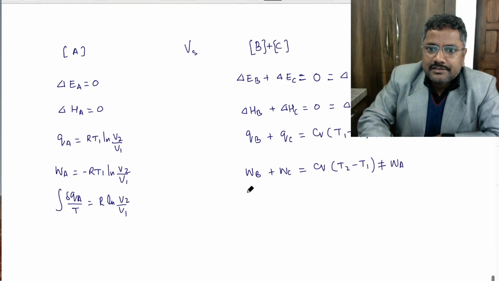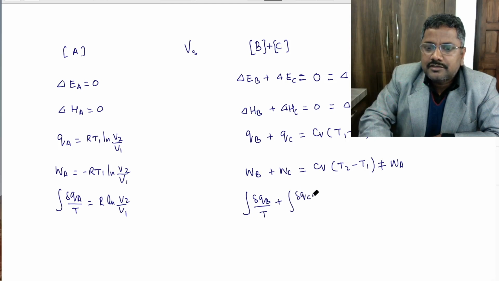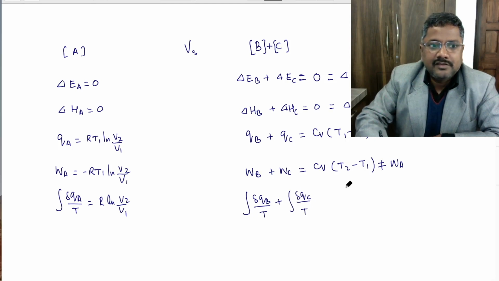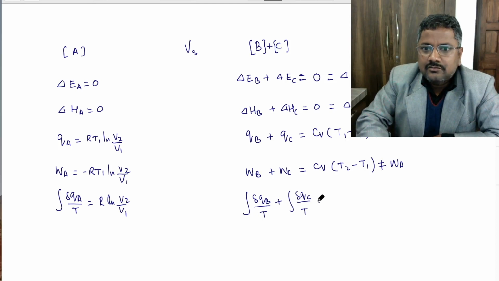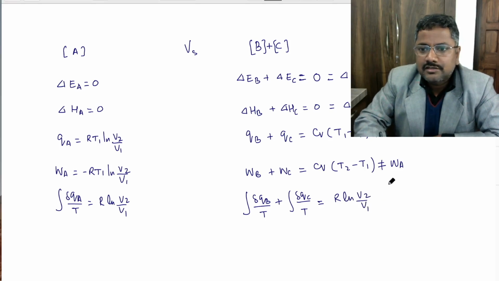But this delta QB by T plus delta QC by T is equal to R ln(V2 by V1), right? And this is equal to delta QA by T.